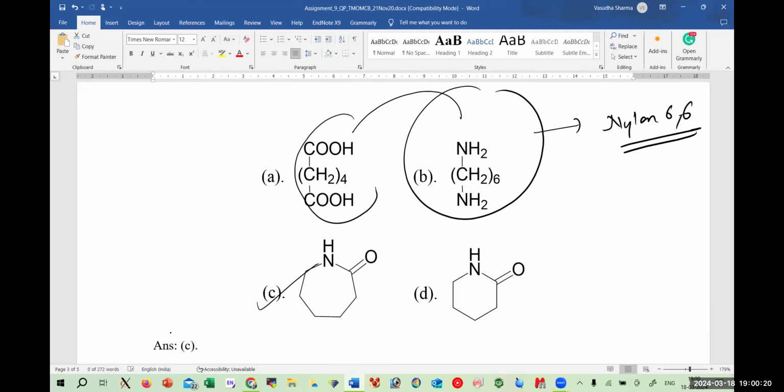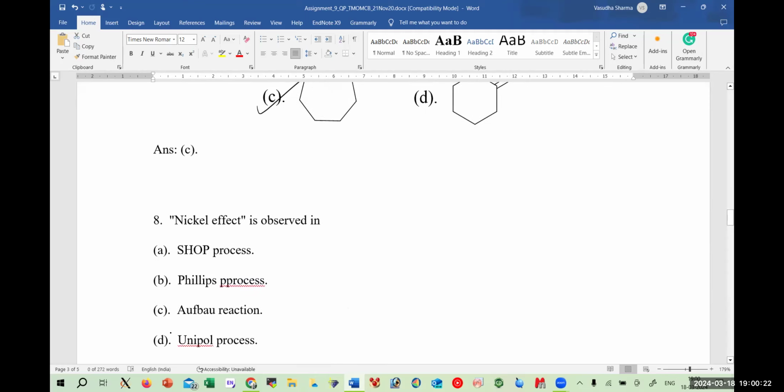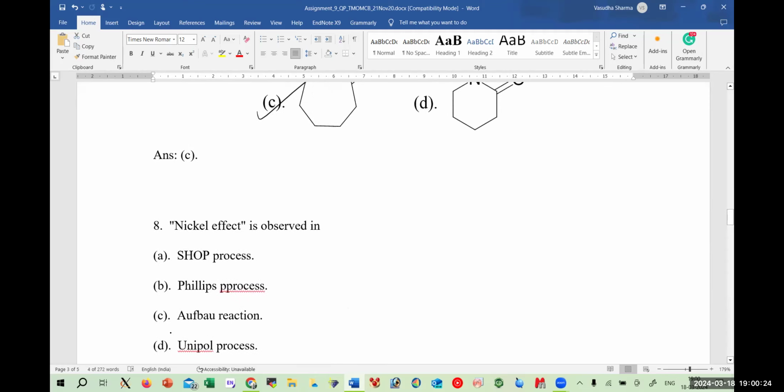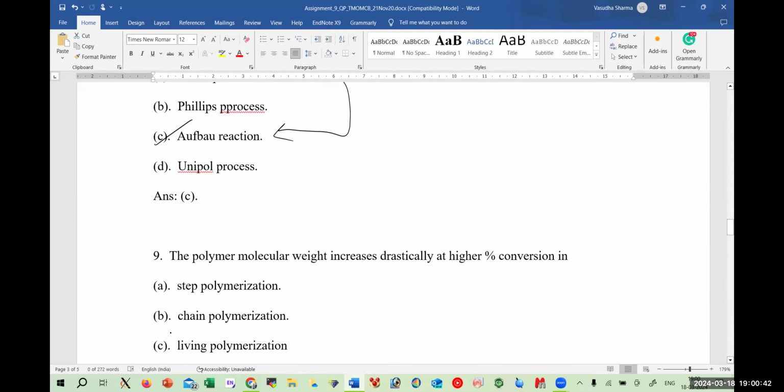So don't get confused. The nickel effect, we have already seen in the Aufbau reaction, where in the presence of nickel, ethylene is giving you 1-butene. So this is from your Aufbau process.